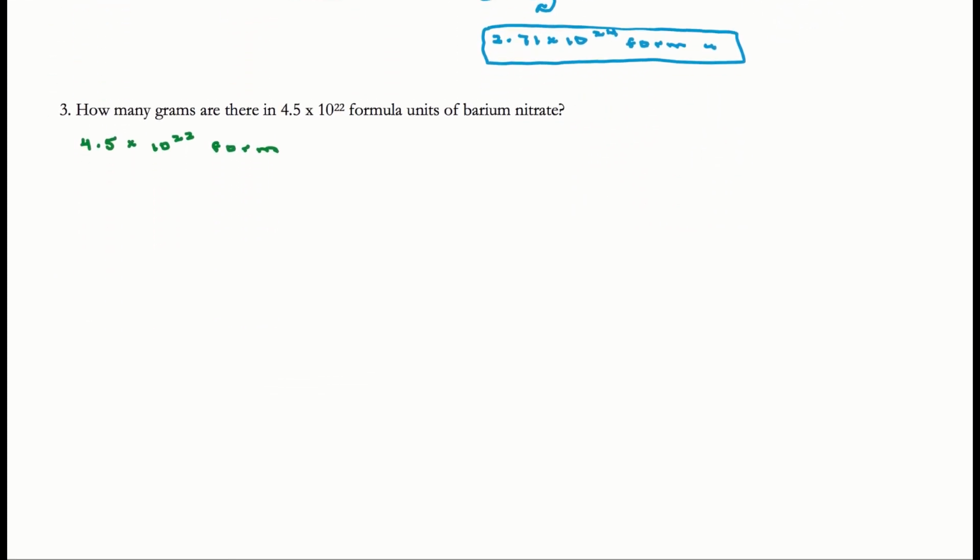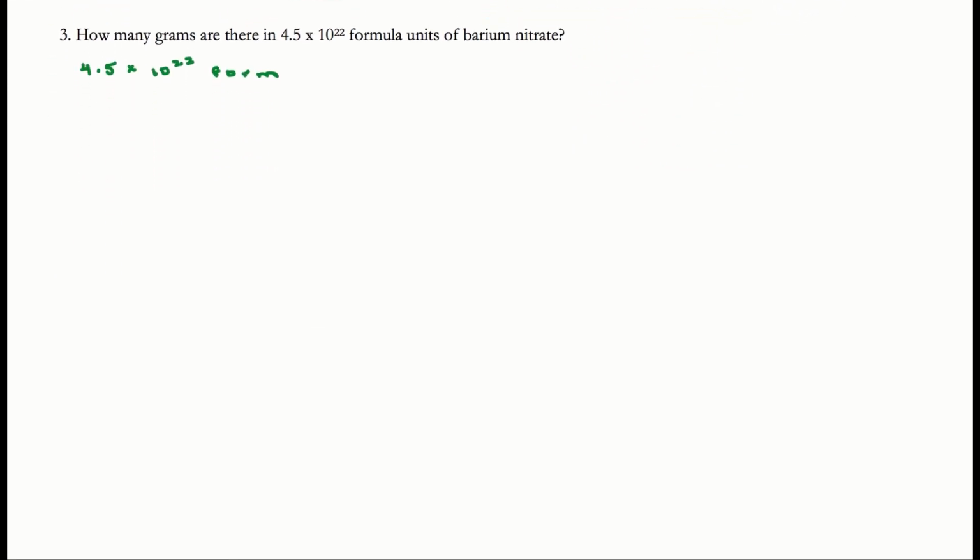So let's actually do that. So formula units, I need to get out of formula units by putting it on bottom. And then I'm going to first get into moles as my central unit. Then I can get out of moles, and I'm going to get into grams.